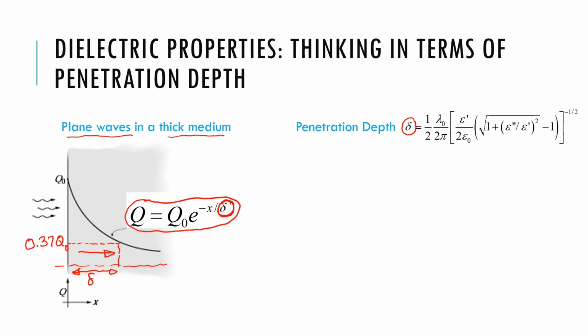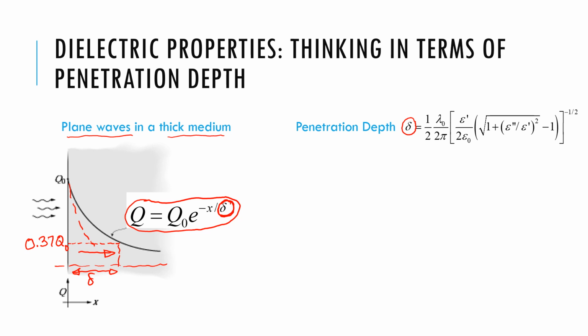So that's the physical meaning of the penetration depth. So lower the penetration depth, that means energy does not penetrate very far. Lower penetration depth would happen when the material is very absorbing.